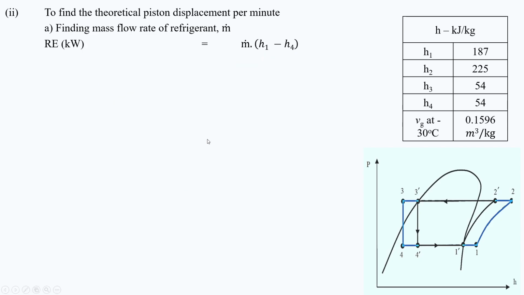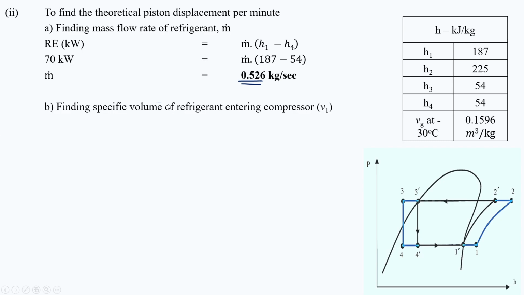So using that formula, we get 70 kilowatts equal to m dot times 187 minus 84, which gives our mass flow rate of the refrigerant as 0.526 kilograms per second.